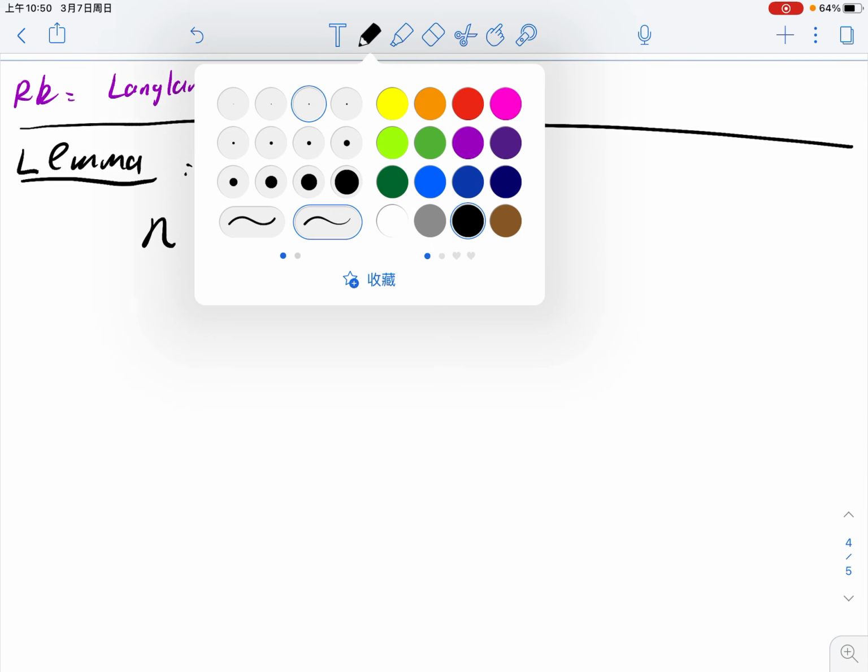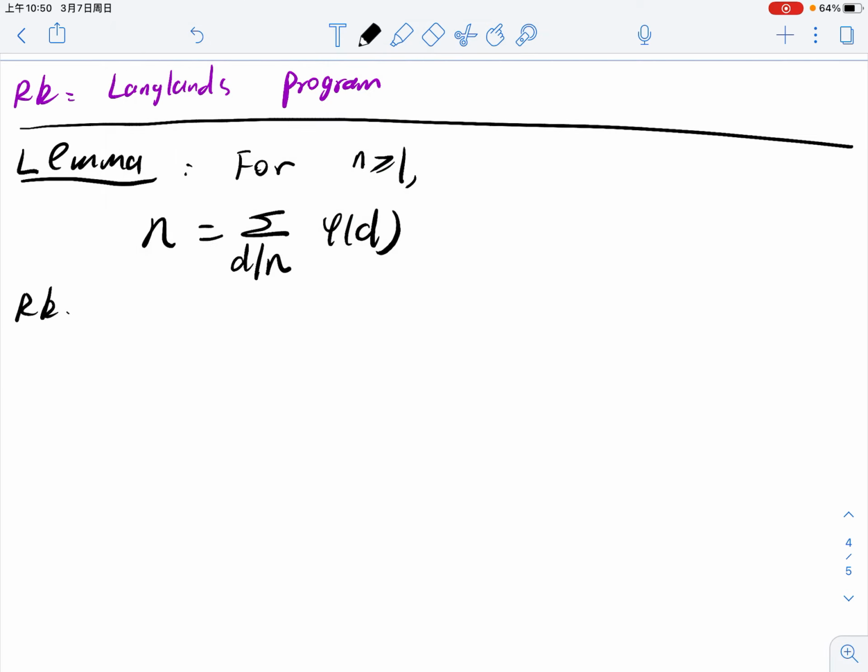Why do we guess this formula? Because we already know that phi n is less than n when d is n.